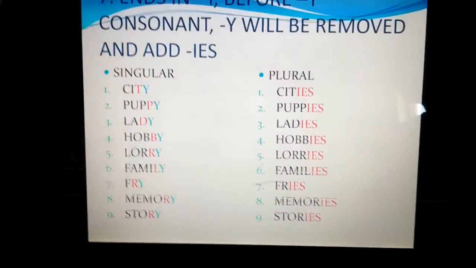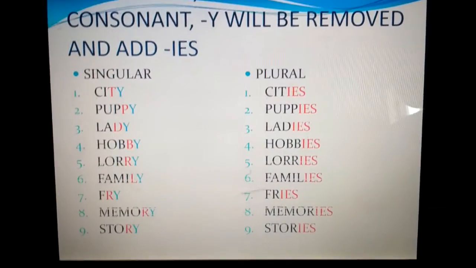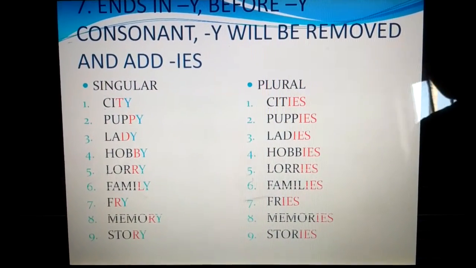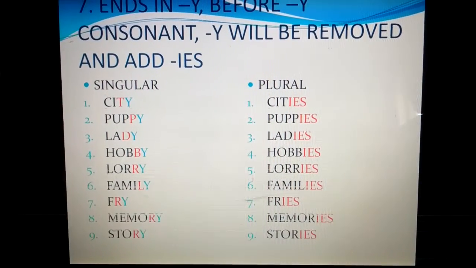Then point number 7, words ending in y. Before y, if it is a consonant, y will be removed and we add ies. Look at here.